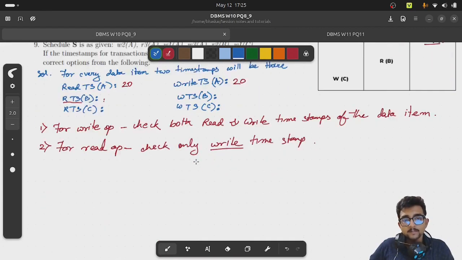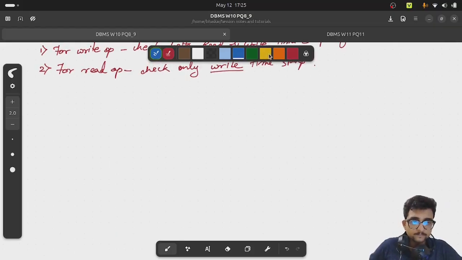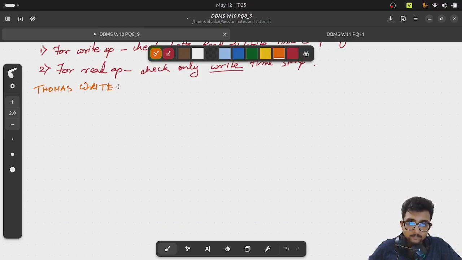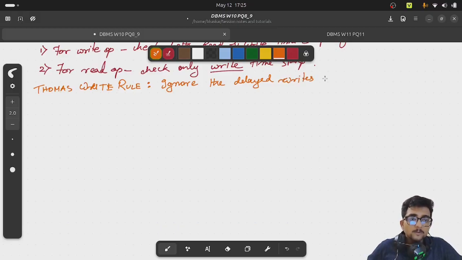Thomas Write rule says that we will ignore the delayed writes without aborting or rolling back, without aborting the whole transaction.